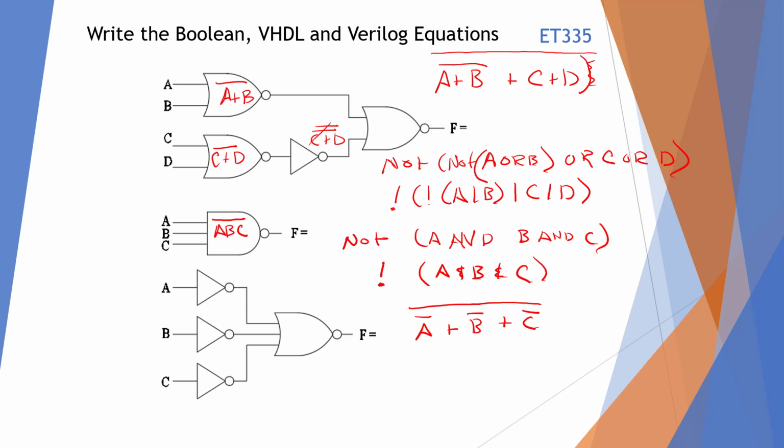So our VHDL is going to be not A or not B and or not C. And these may work without the parentheses, but more parentheses the better, as long as they're correct, of course.